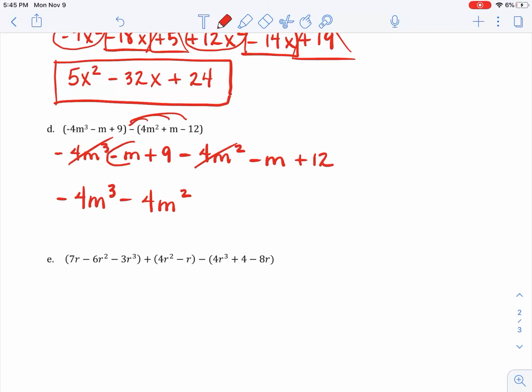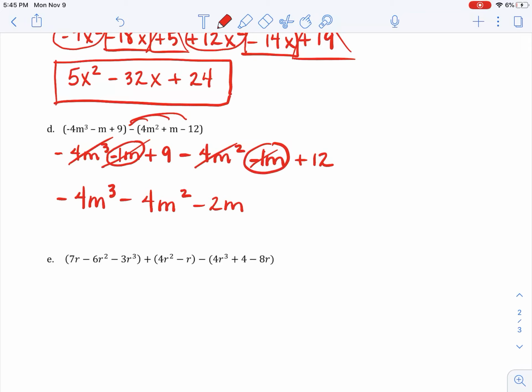Now I do have some like terms here, a minus m and a minus m, and notice how I'm always circling the sign in front of the variable with the variable. That's because we want to really think of that as a minus and a minus. And remember, there's invisible ones here, so we can put them in if we need to see them. That gives us negative 2m.